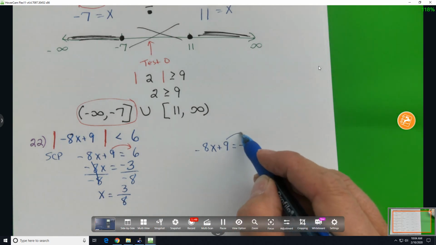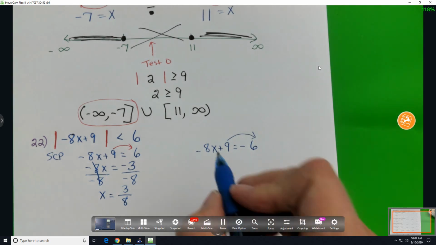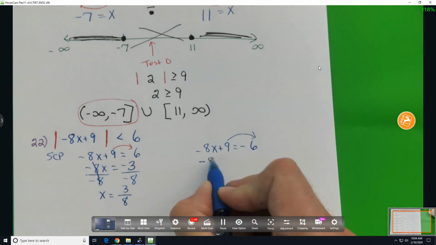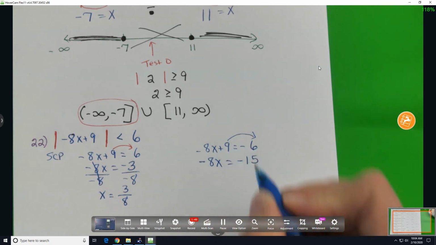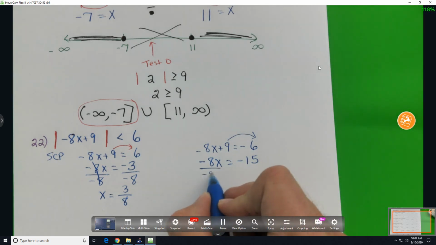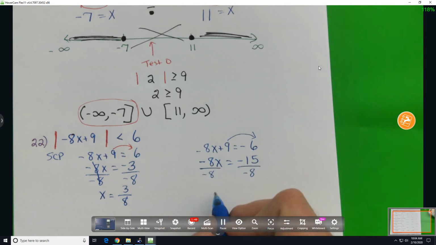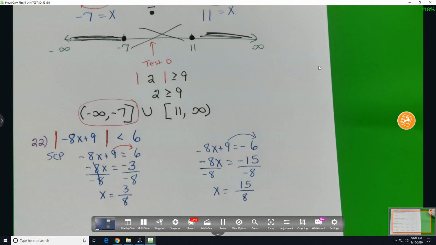Over here, subtract the 9. Is that a -15? Divide both sides by -8. So that's going to be positive also, 15/8. Draw a number line.